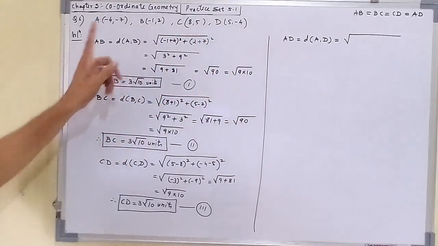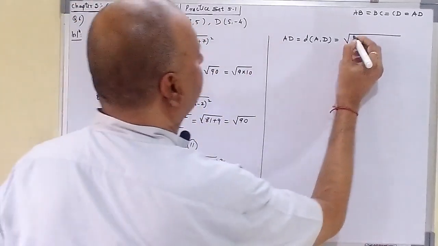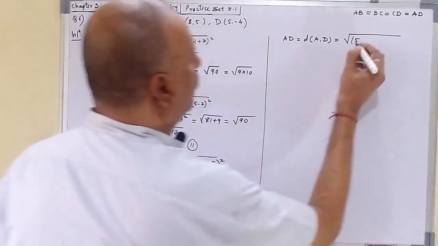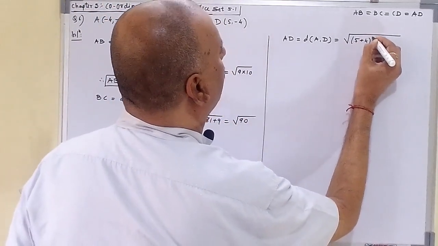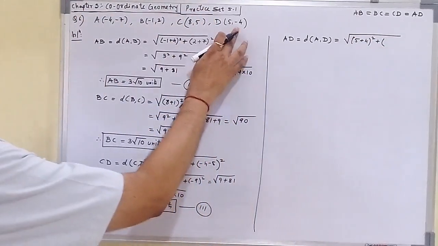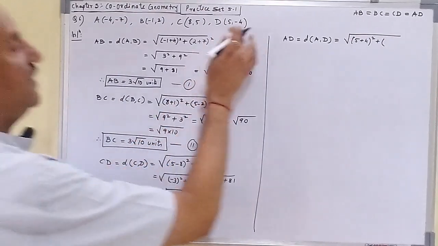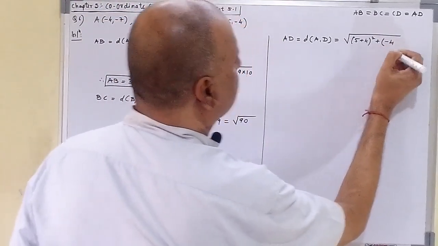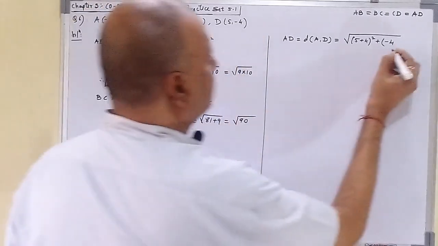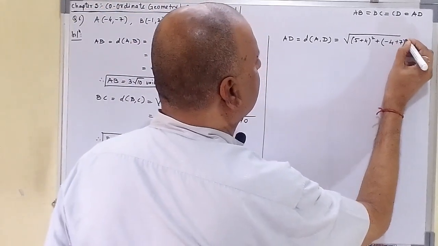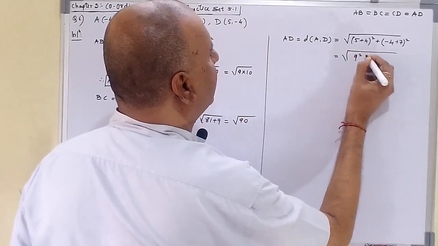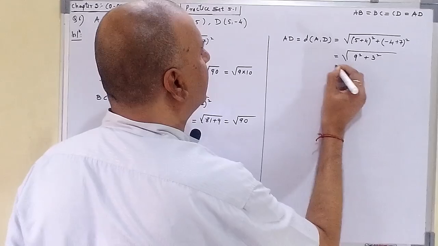So now x2 minus x1, so 5 minus minus 4, plus minus 5, minus 4, sorry, minus 4, and this is minus minus 7. This becomes 9 square plus 3 square.